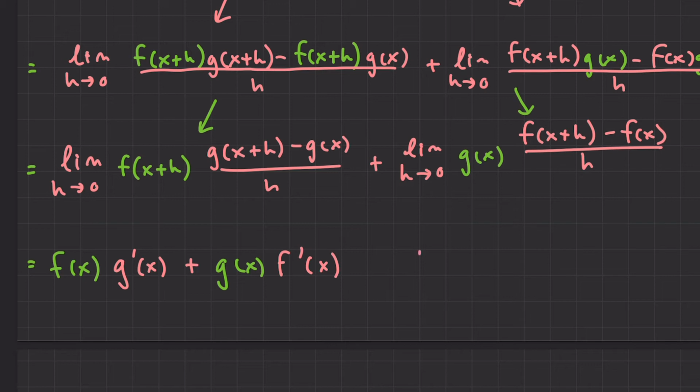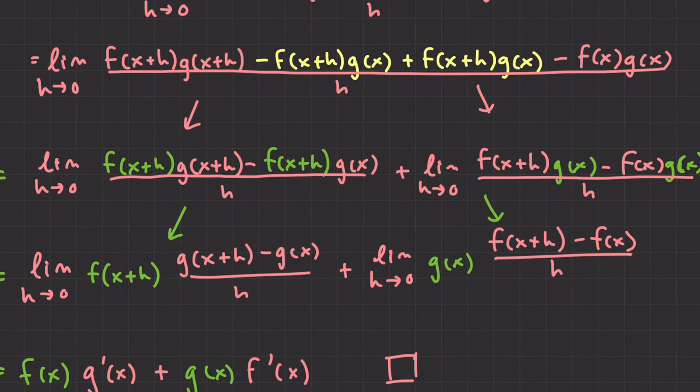It's often customary to put a little square at the end of a proof to indicate that our work here is done. So just like that, we've proved the product law. I'm hoping that you can see just how ingenious it is to add and subtract that thing. I bet you that if we were asked to prove this theorem, it would take us a very long time to figure that out, right?